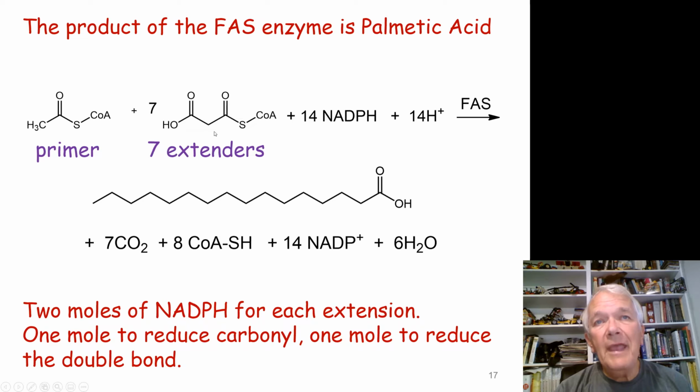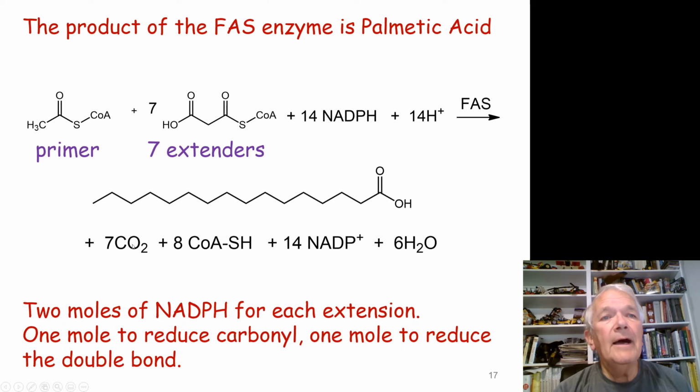Of course, these were made from the acyl coenzyme A, picking up carbon dioxide using that biotin method. And so altogether you would have had to have 8 of the acyl coenzyme A's, but 7 of them, of course, were converted to the malonyl unit.